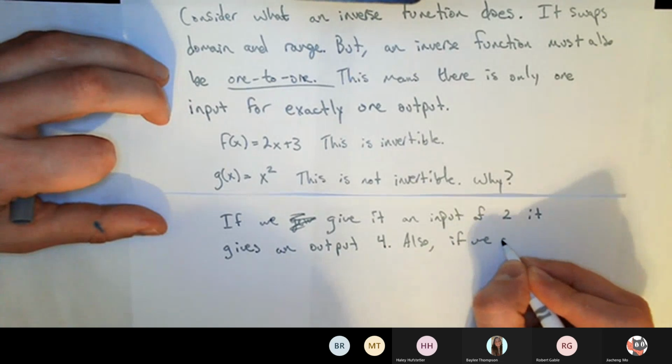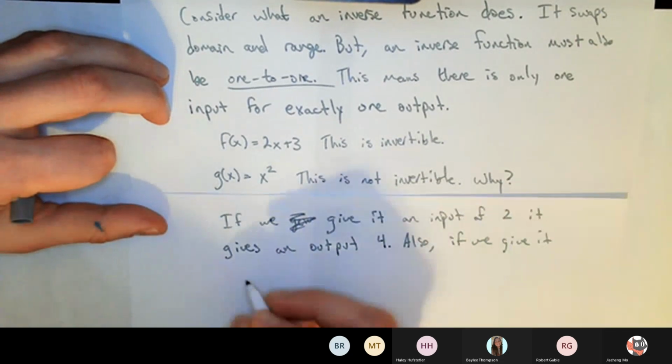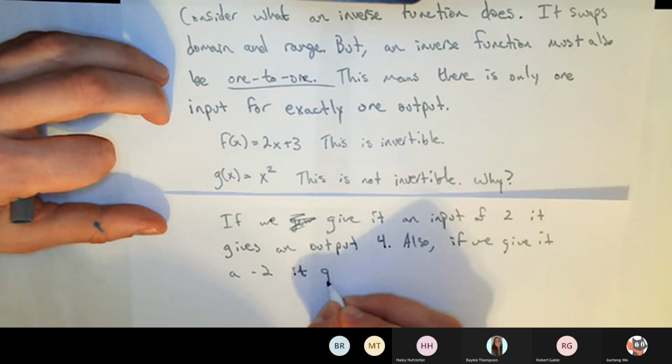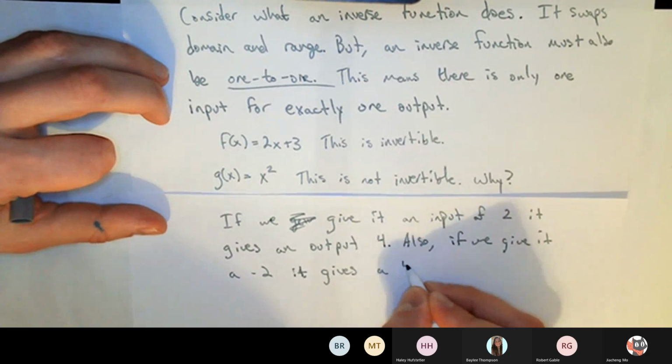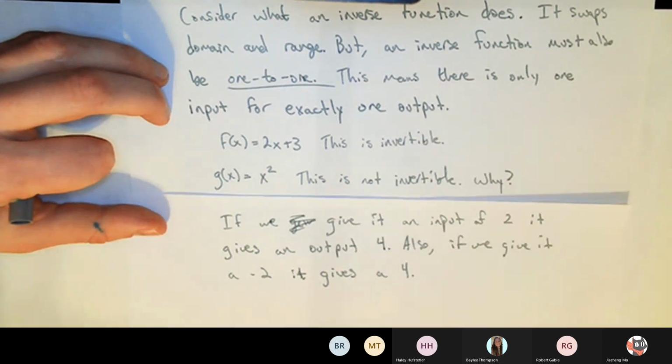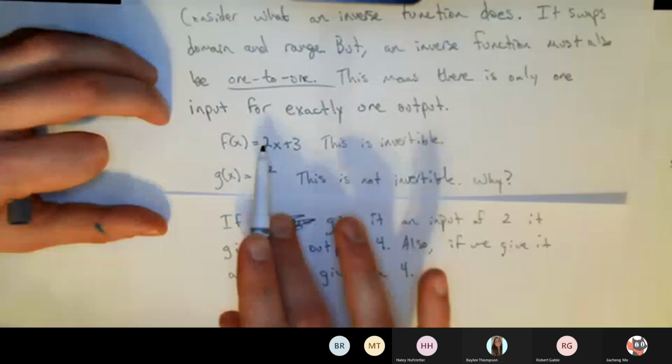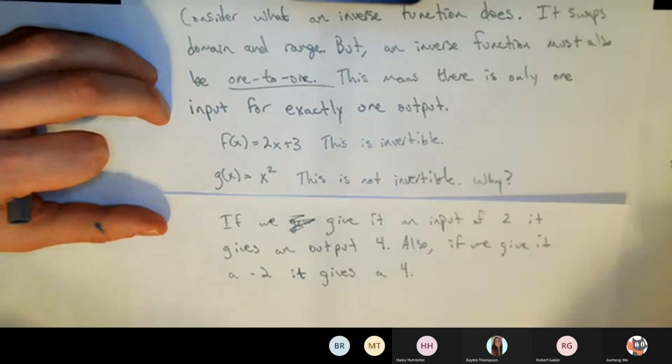If we give it a -2, it gives a 4. That is a problem because for a function to be 1-to-1, to be invertible, only one input needs to exist for exactly one output.